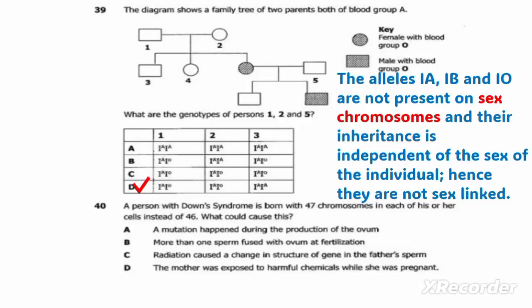A, a mutation happened during the production of the ovum. B, more than one sperm fused with the ovum at fertilization. C, rejection caused a change in the structure of gene in the mother's sperm. D, the mother was exposed to harmful chemicals while she was pregnant.